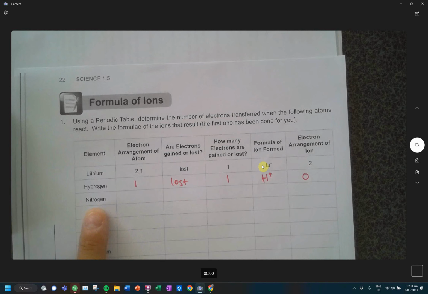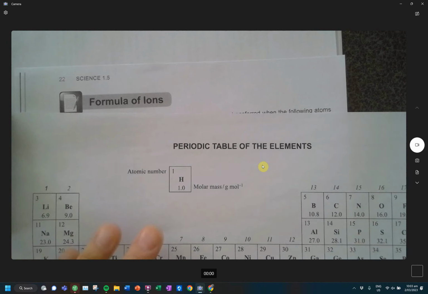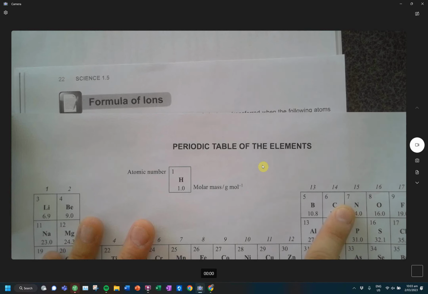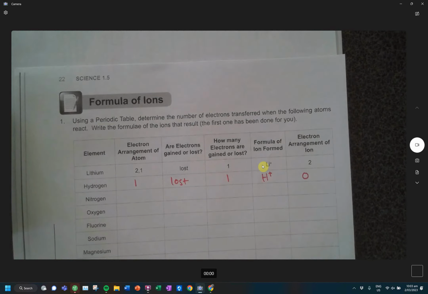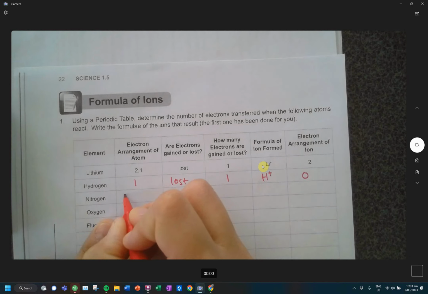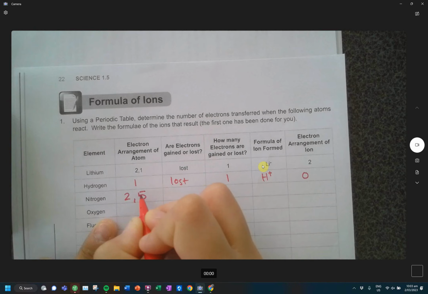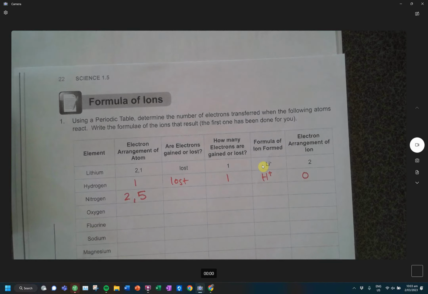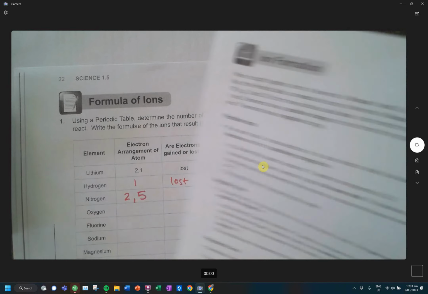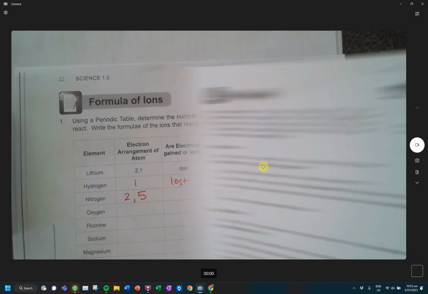Nitrogen is the next example I'll do for you guys. Nitrogen has the atomic number of 7. So, 2 goes into the first shell, 5 into the second shell. Now in this case, we talked about in our reading passage that if it has 5 or more electrons, it's going to gain them.